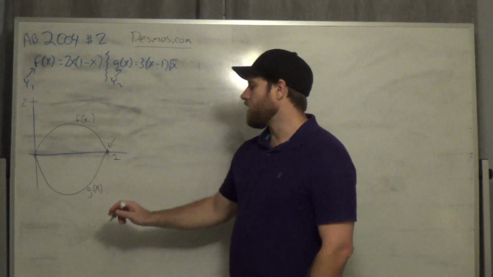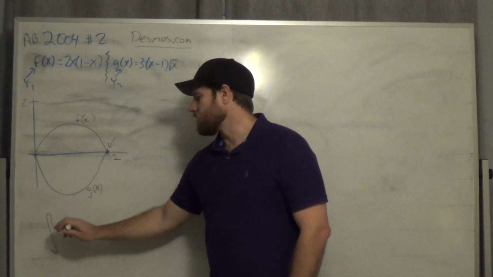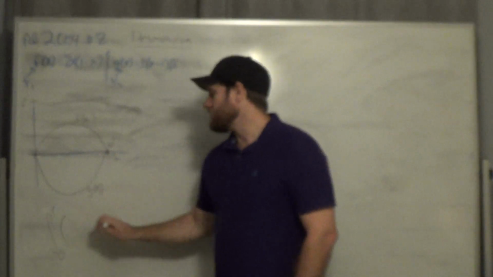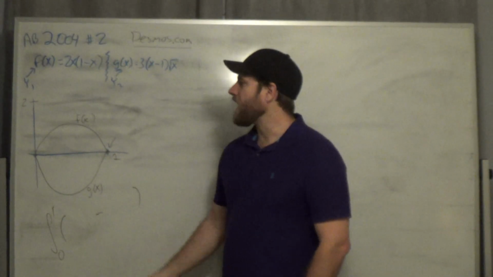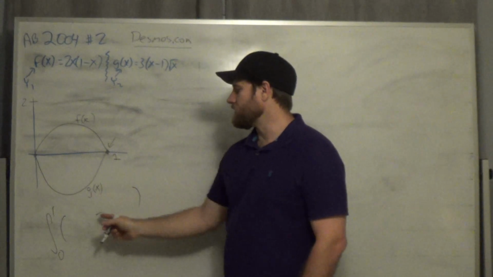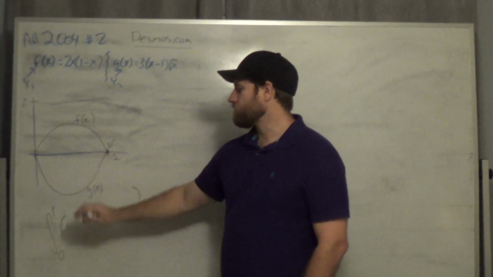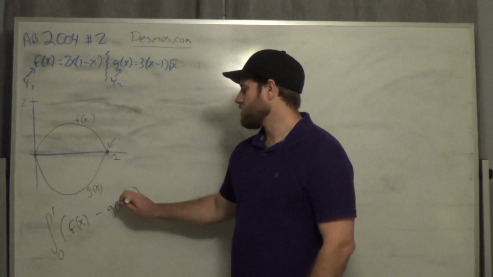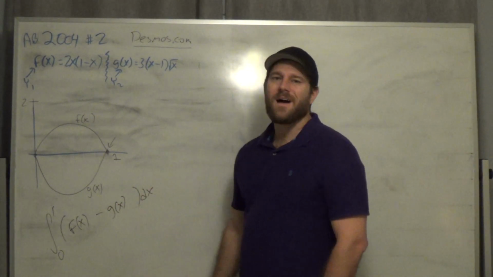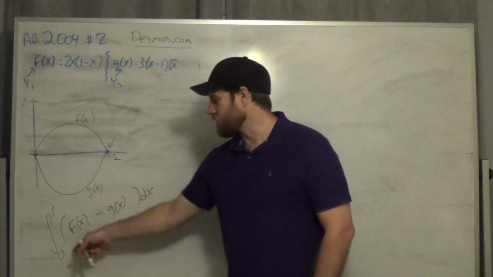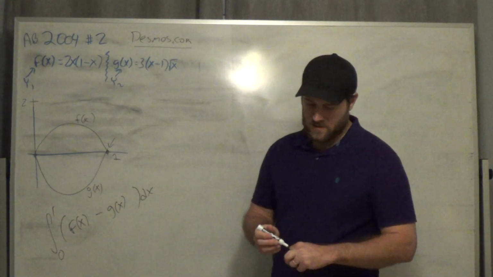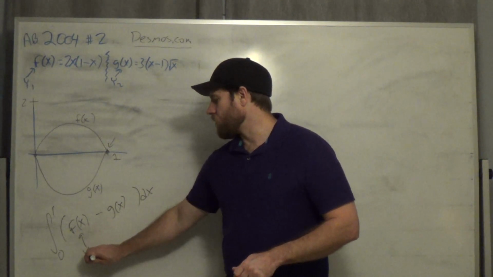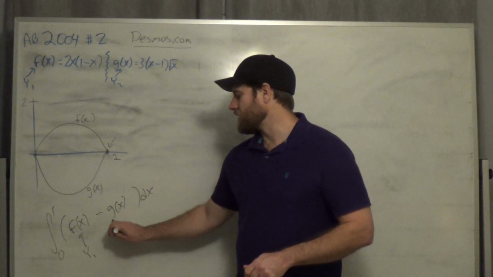So the area of a region, and this is part A, is just the integral from whatever to whatever, so from 0 to 1, and then top equation minus bottom. Now I could write out the top and the bottom equations here, but as long as I just put in f of x and g of x, that's a lot less work for me. But do make sure you have parentheses so the dx belongs to everything. Now I'm going to use hotkeys. Because I put this in y1 and y2 in my calculator, I can do that.